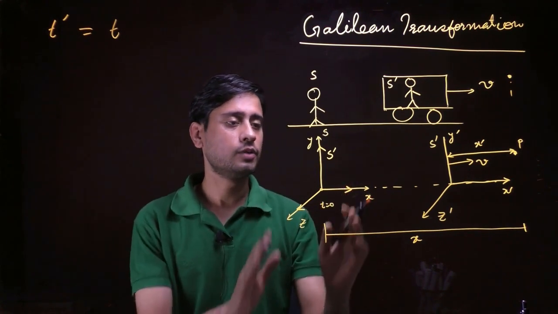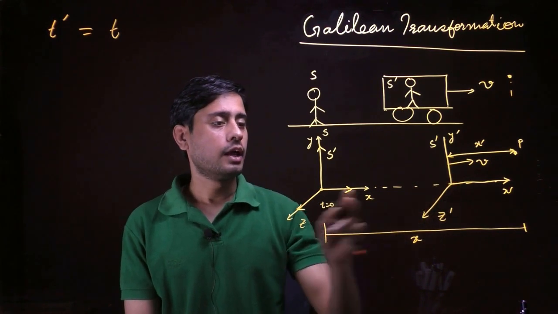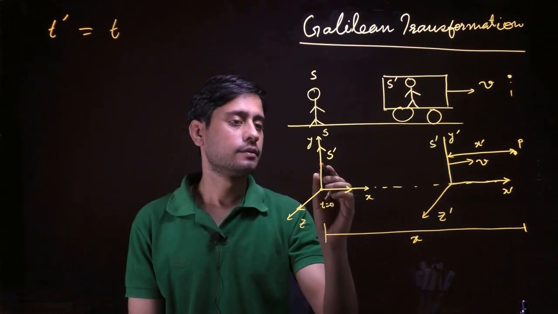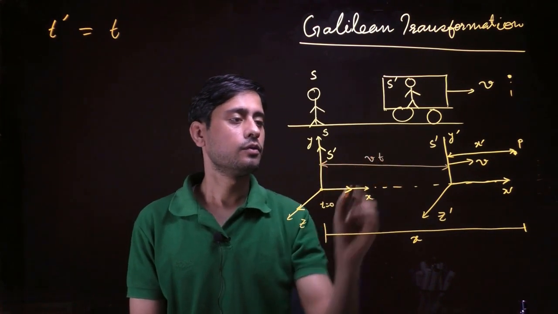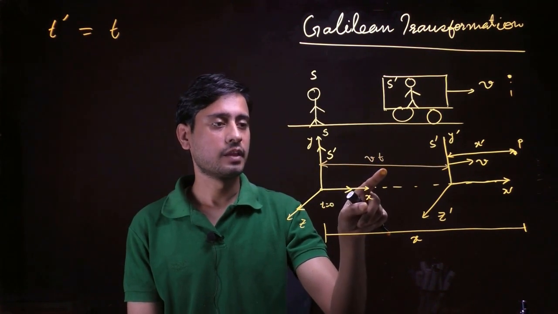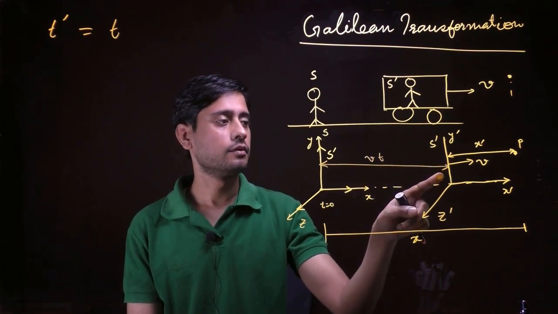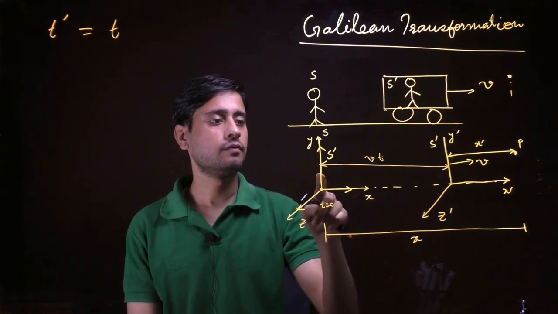So the S observer will find that the S prime observer has moved a distance of Vt, because in his frame he will call the time t, and S prime is moving with velocity V with respect to the ground. So the distance will be Vt.